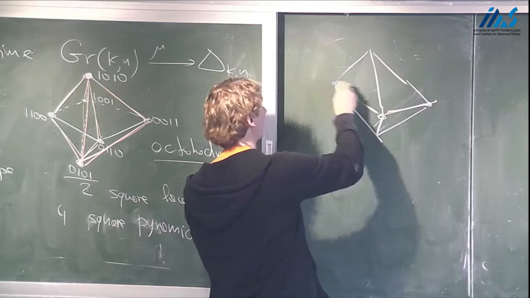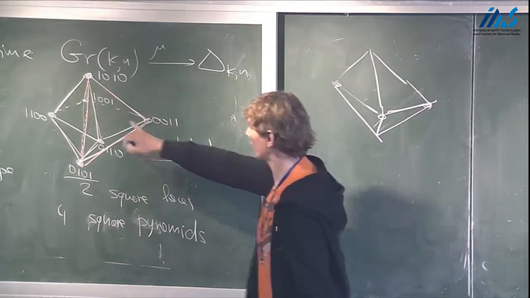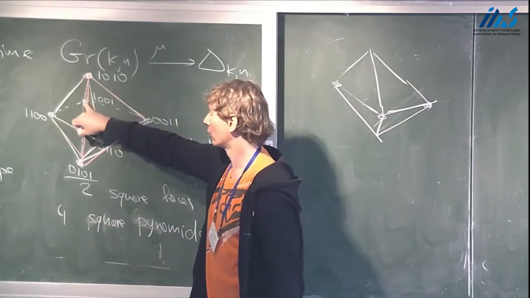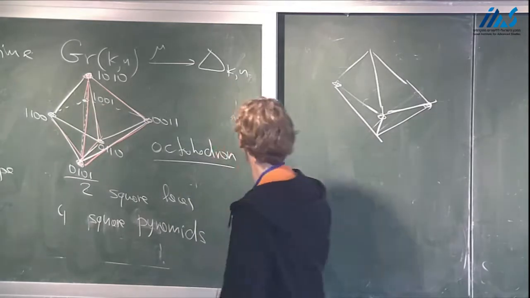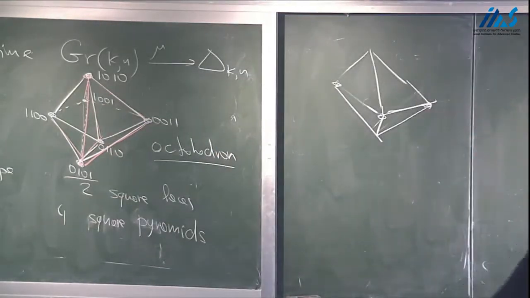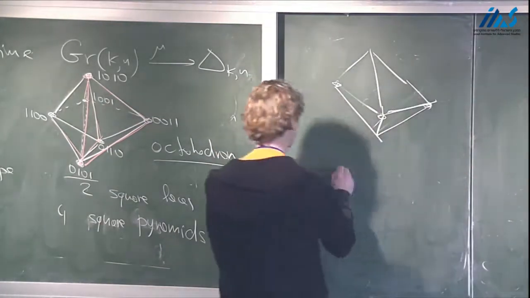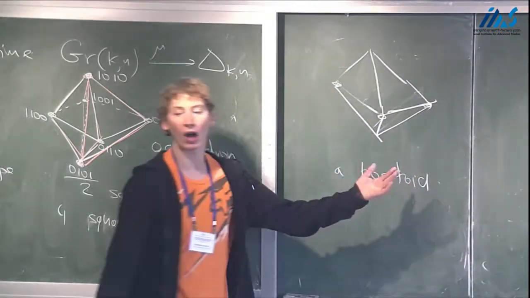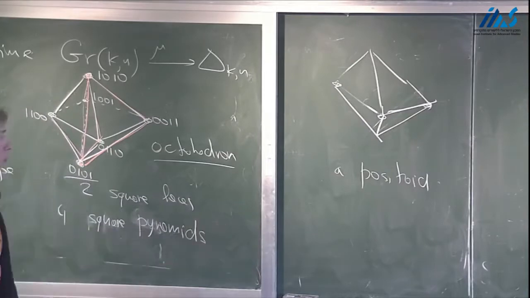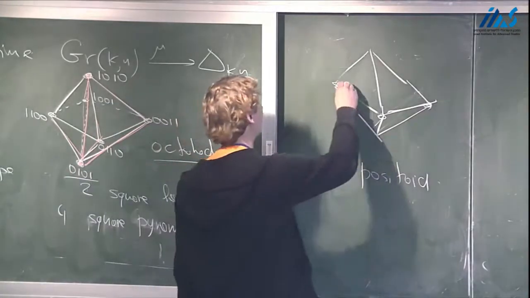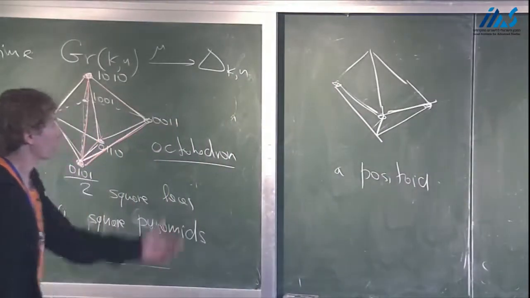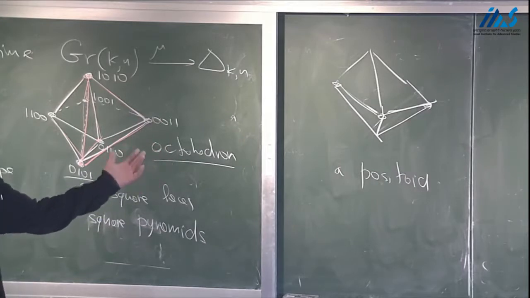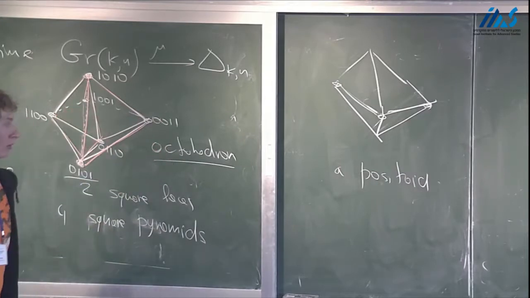So you took everything except this point, 1, 0, 0, 1, and you see that you get this square pyramid. That's a positroid. It's a union of two alcoves, or a union of two simplices, and it doesn't have any extra edges which are not shown in this picture.